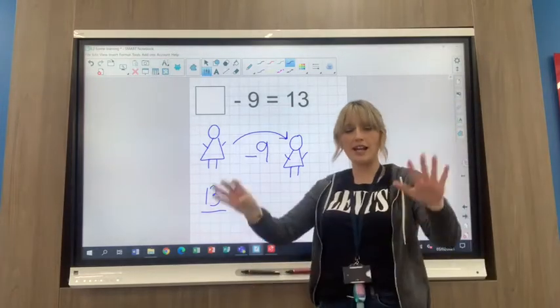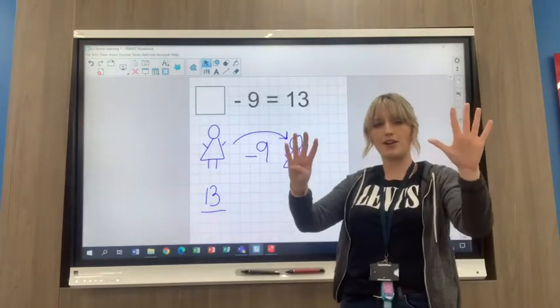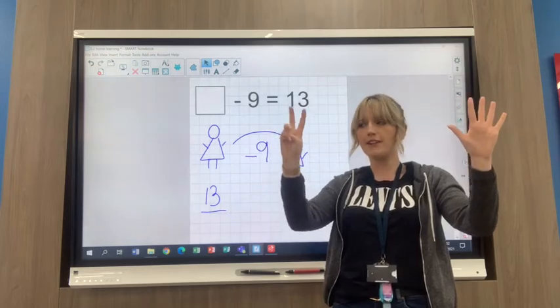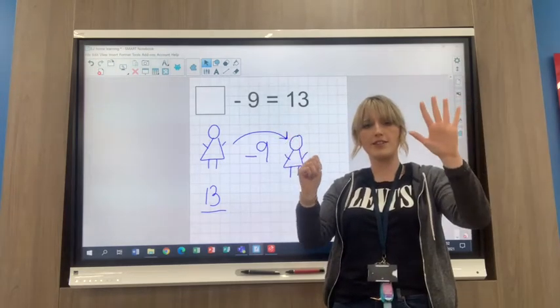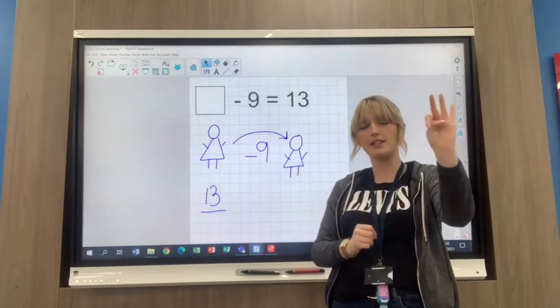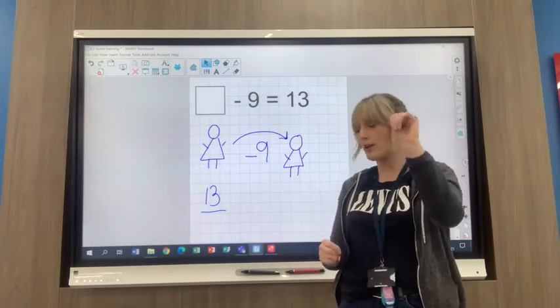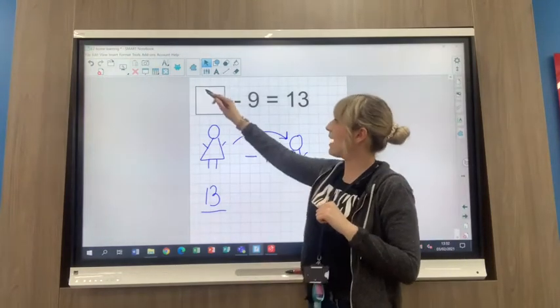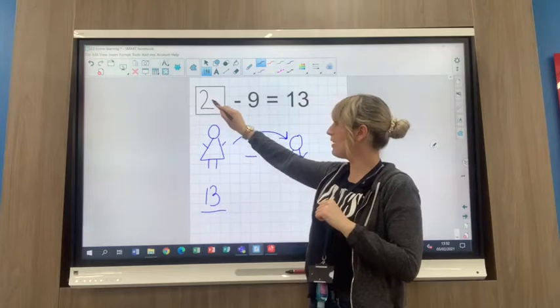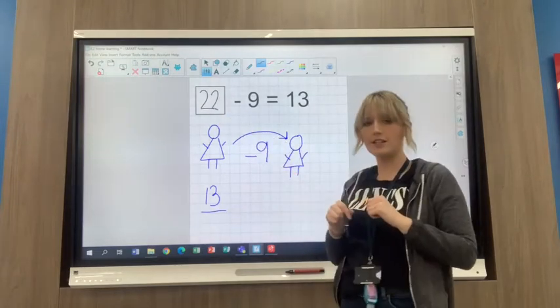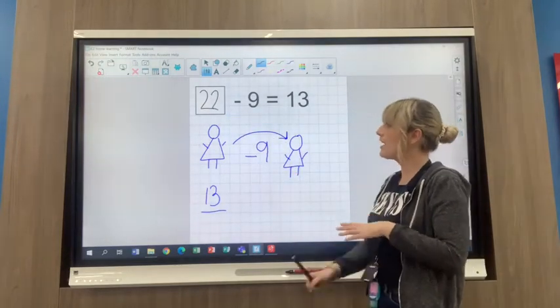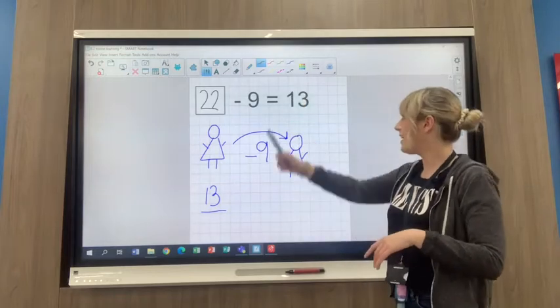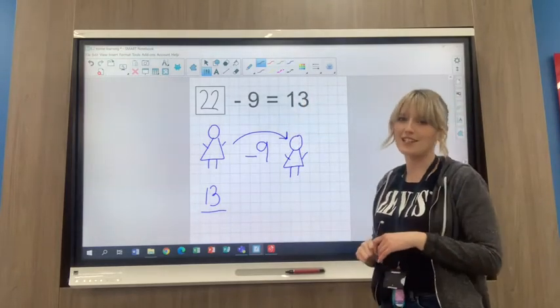Show me 9 fingers and count with me. 13, 14, 15, 16, 17, 18, 19, 20, 21, 22. So my starting number is 22. The little girl had 22 Barbies. She gave 9 away and she was left with 13.